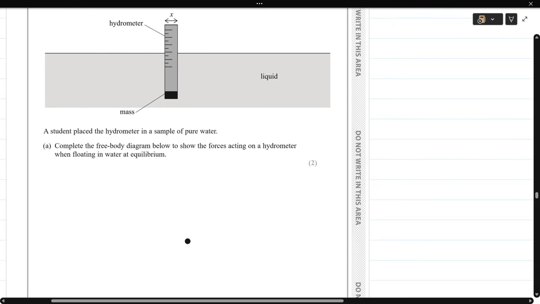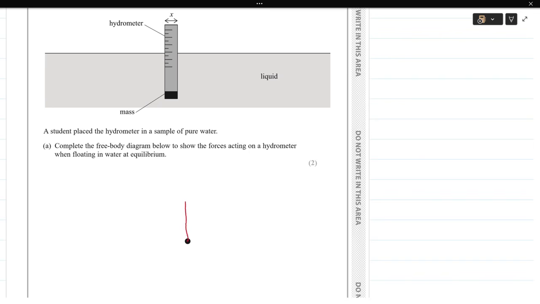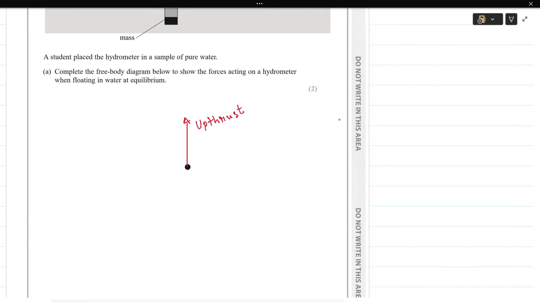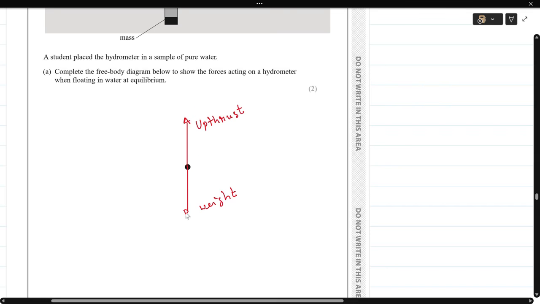Okay, so we know that if an object is in a fluid, there is always an upward upthrust. And all objects will have a downward weight. Now, one thing we need to keep in mind is that the length of both of the arrows must be equal. Why?